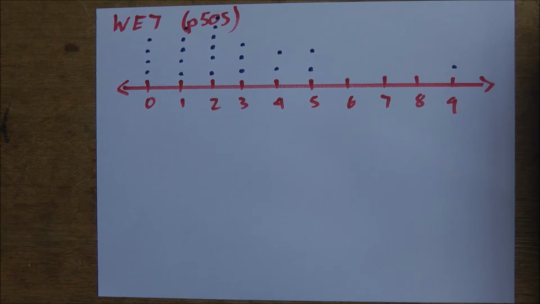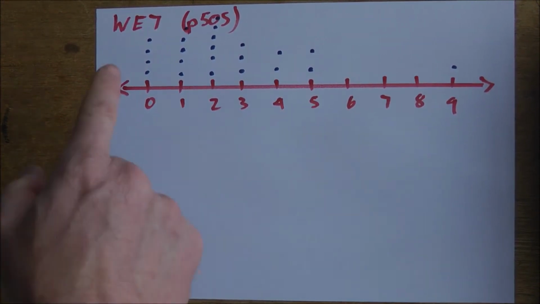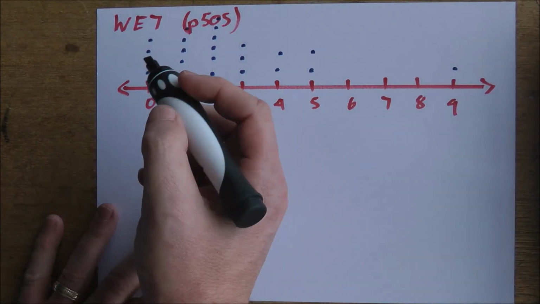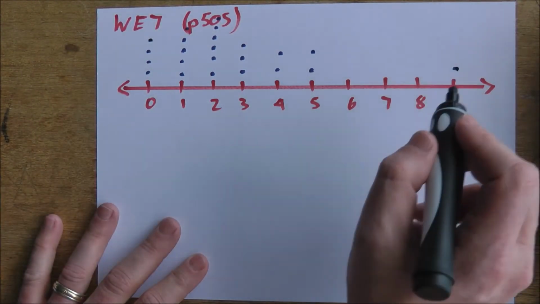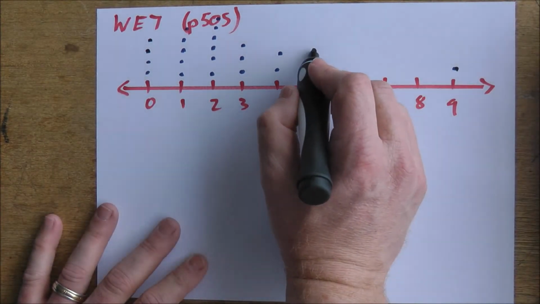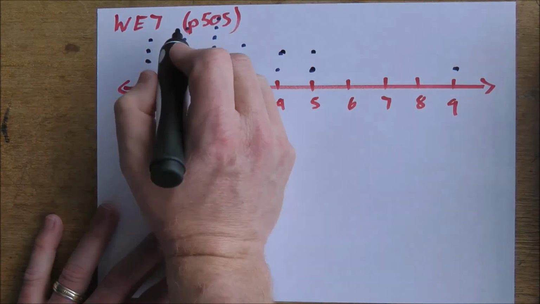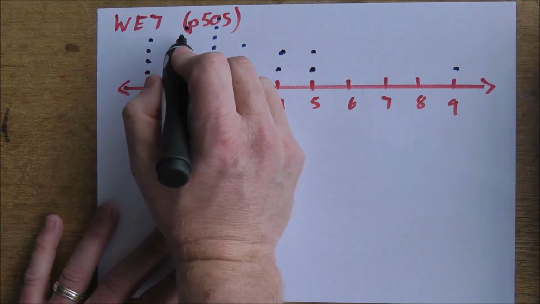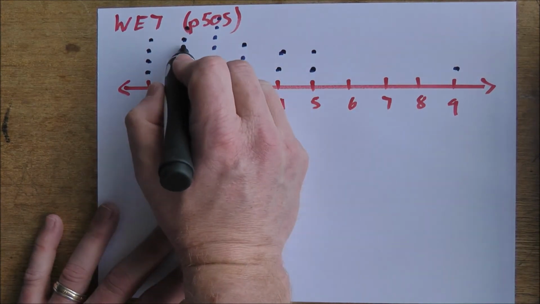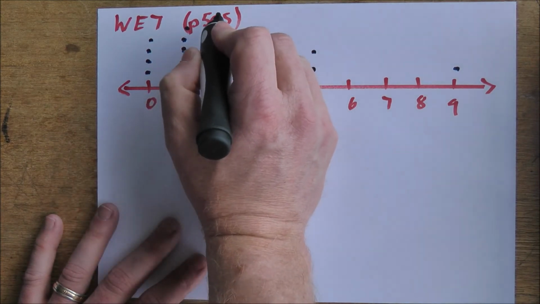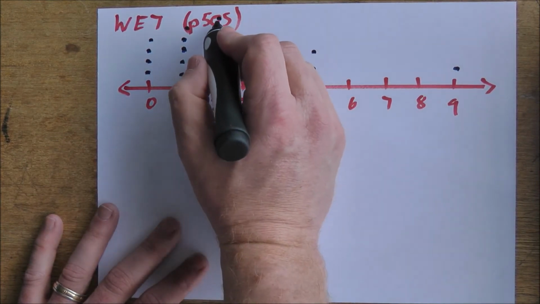Done my dot plot. Alright, so now I've got to work out the median. Now, you can work out the median a couple of ways, but we've effectively got our data in order now. You can count from the outside in, so we've got that guy and that guy, one off each end. Keep effectively crossing them off each end, and I'm going to cross as I come towards the middle.